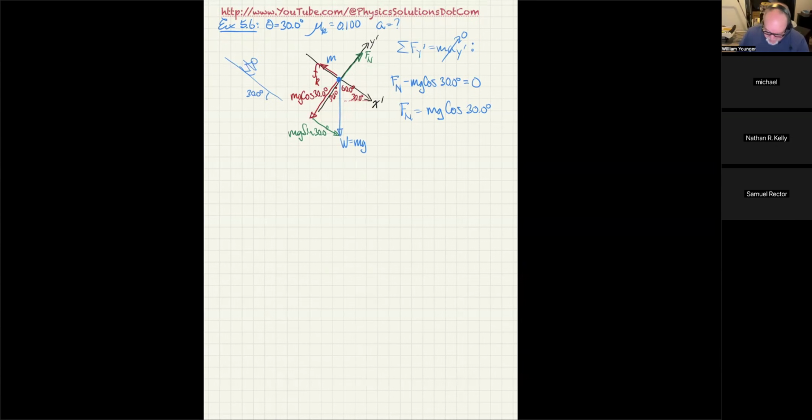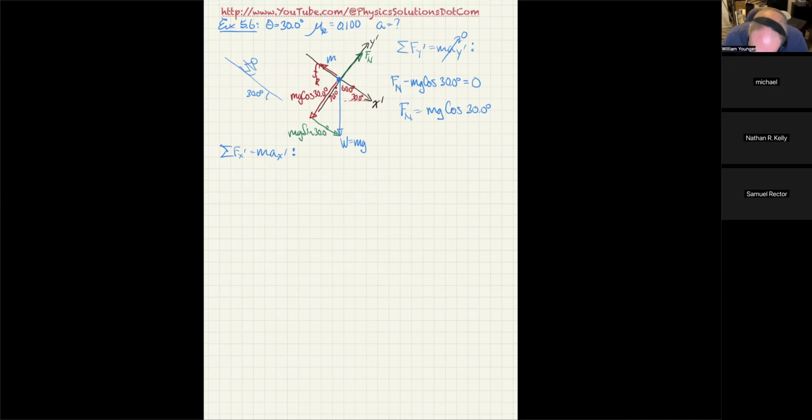So what we're going to find is that the force that's actually pulling it down the incline is going to be mg times the sine of 30. We'll see that by doing the summation of forces in the x prime direction. So the summation of the forces in the x prime direction equals mass times acceleration in the x prime direction. This one's going to give us the only acceleration, so we're just going to call it a instead of a sub x prime.